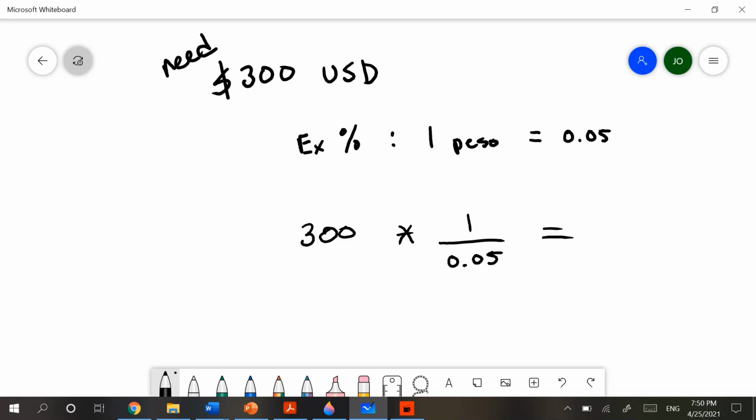If you go ahead and multiply it in your calculator, or just simply divide 300 by 5 cents, you'll get 6,000 pesos.